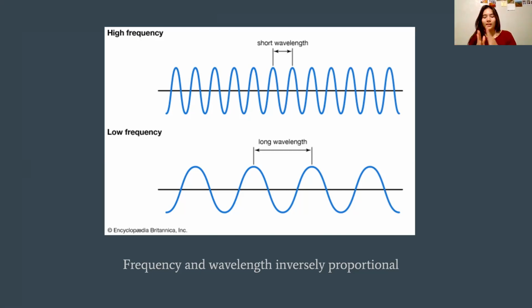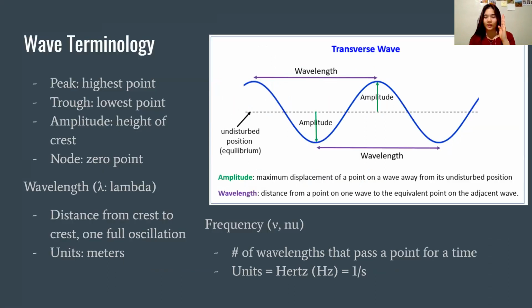Then if you have a specific point, and the line is moving across it with all the dots on it, the number of dots that cross this marker over a specific interval is the frequency.